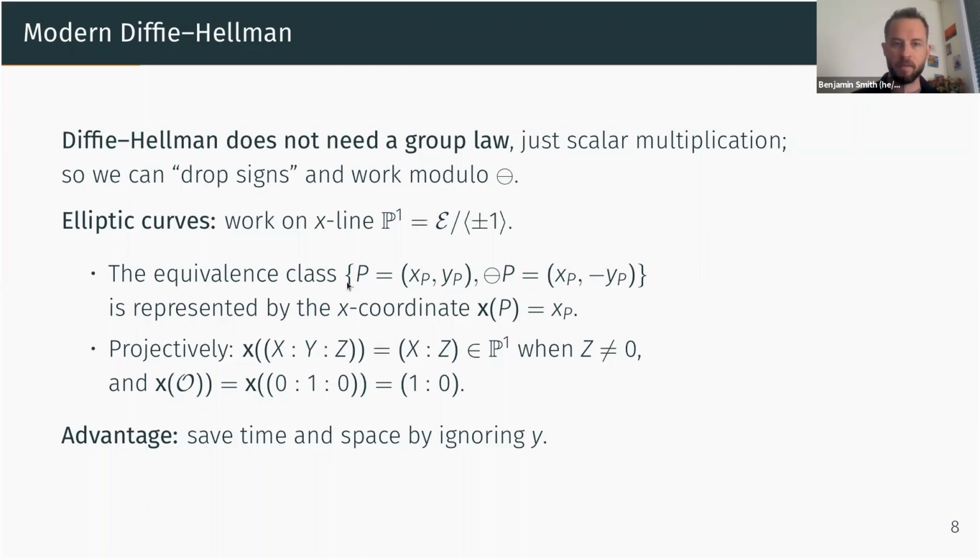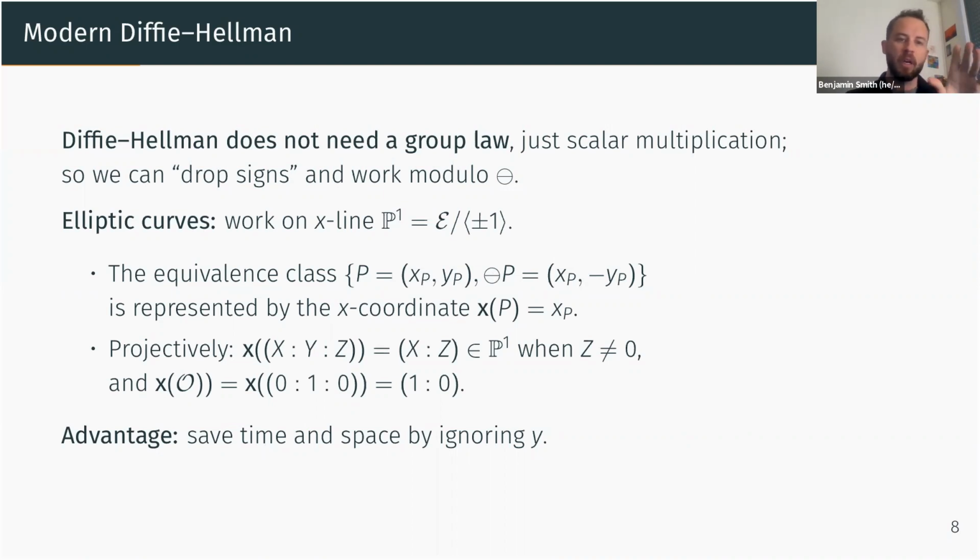So the equivalence class of a point P and its negative is just represented by the x coordinate. Both these points have the same x, and if you take an x, there's only two y's that go with it, and they're both in the equivalence class. So you can really label your equivalence class, and work with it, just by working with x coordinates.